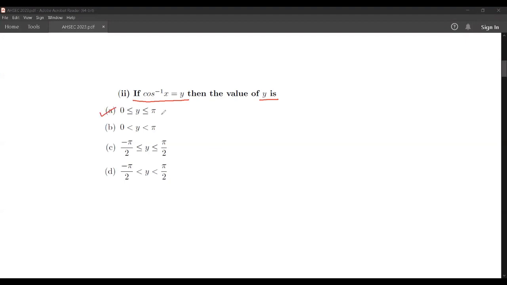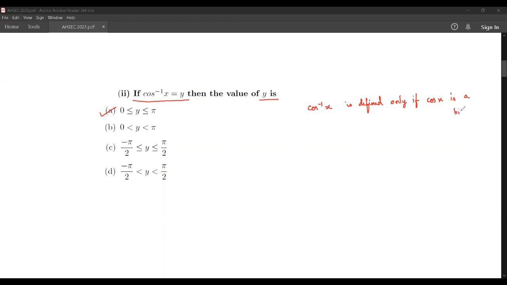Why? Because we know that the cos inverse of x is defined only if cos of x is a bijection, that is, both 1-1 and onto.